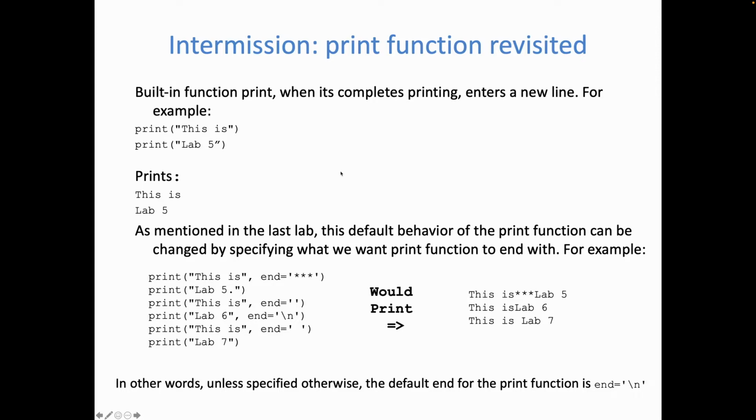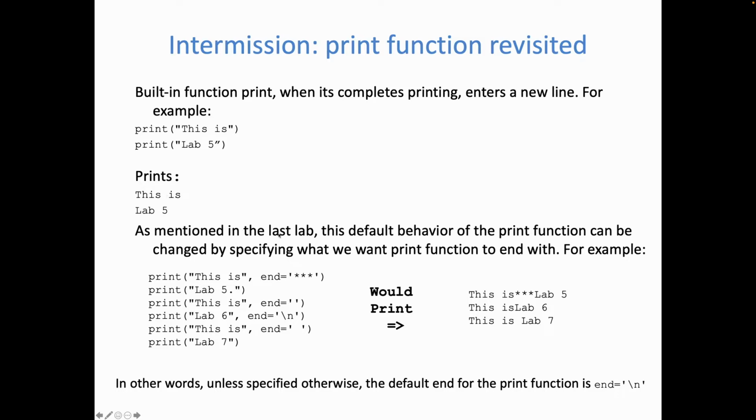Next is the print function. The built-in function print, when it completes printing, enters a new line, for example here. So the print function by default will end with a new line. Here we print this, then it will enter the new line, then print Lab5, like this.